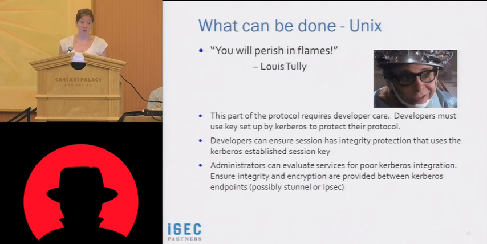Also, since Mallory was getting the copy of the request by intercepting traffic on the network, also having some encryption and integrity between the two endpoints via Stunnel or IPsec would prevent Mallory from getting the request in the first place. Although if Mallory breaks the security guarantees of either of those protocols, then the same advice still applies. The session key established authentication needs to be integrated into the rest of the protocol.